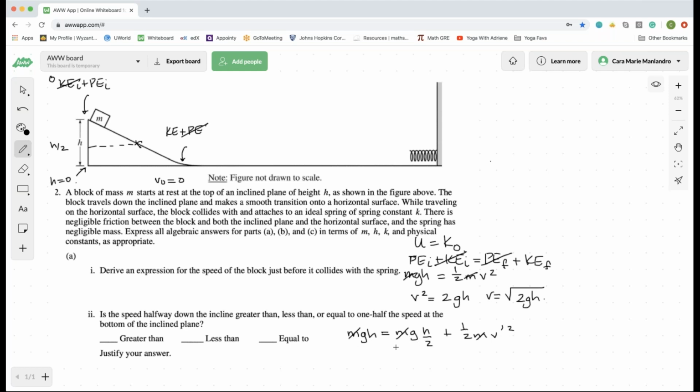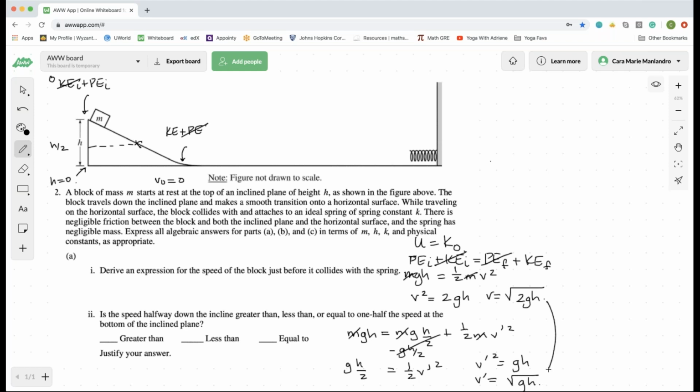Okay, so then if I subtract this, gh over 2, then I get gh over 2 is equal to 1/2 v prime squared. All right, that's cool. And then v prime squared is equal to just gh, and then v prime is the square root of gh.